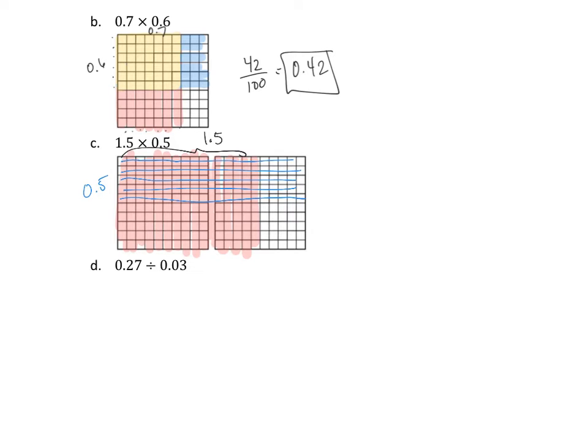So then the overlap, you can see, is all of this section here. So if we combine those together, it's really like 15 times 5, which will end up being 75/100, or as a decimal, 0.75.